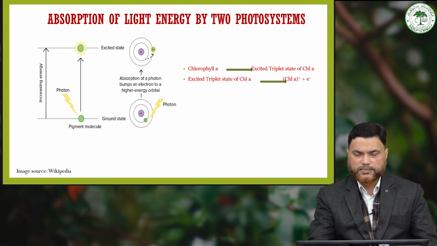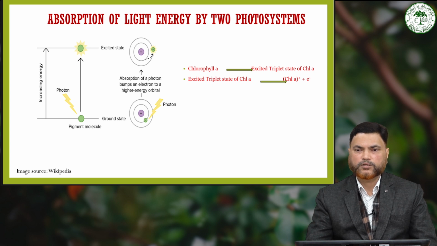Now the third stage, activation of chlorophyll A by photons of light. The reaction center of both the photosystems contains a unique pair of chlorophyll A molecules, which are considered a special pair. When the chlorophyll molecules of both the photosystems receive a photon, it stops being transferred to other pigments through resonance energy transfer. Instead, it gets excited to a higher energy state.